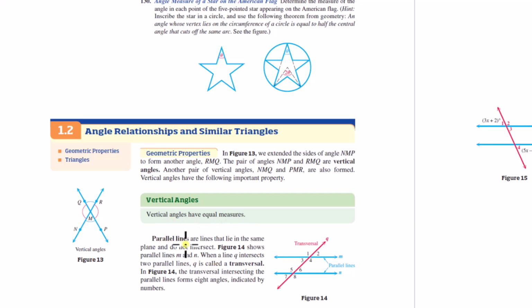All right, parallel lines are lines that lie in the same plane and do not intersect. And so, like we talked about in the previous section, in this entire course, we're just thinking about everything in a single plane.